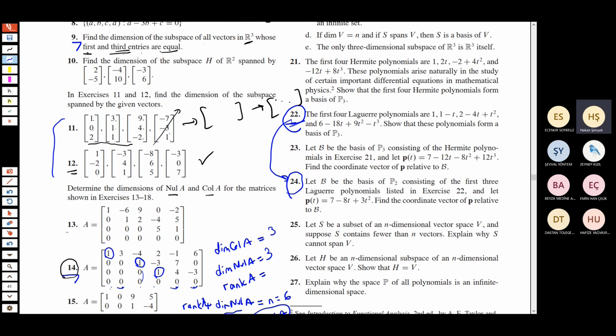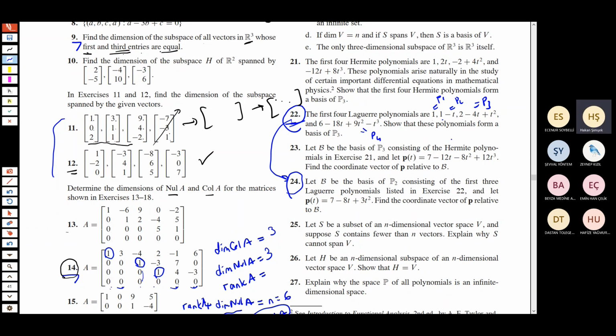So, question 22. We have special polynomials in here. They are called Laguerre polynomials. 1 minus t, and so on. We have 4 polynomials, P1, P2, P3, P4.